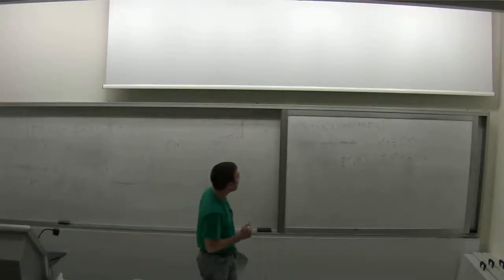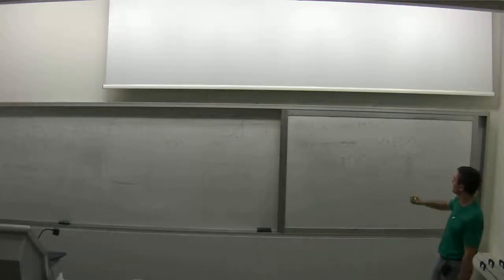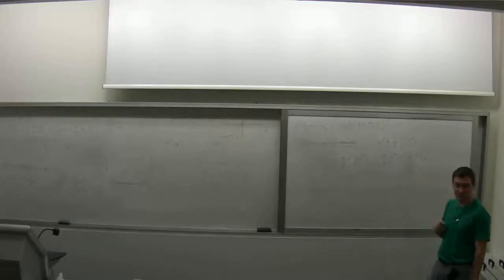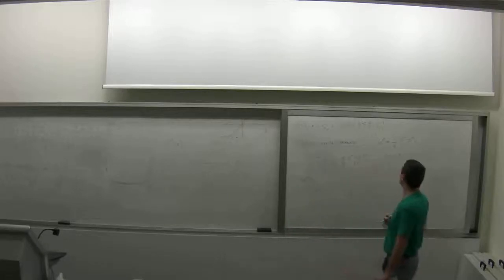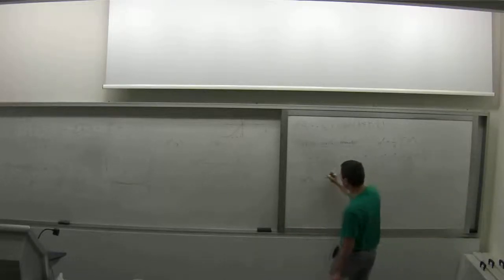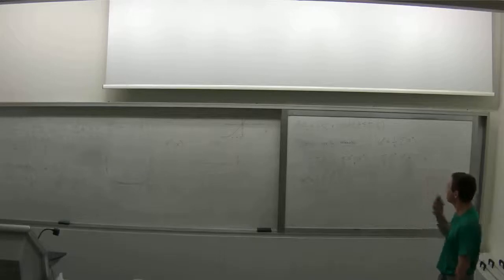Let's look now at the dynamics of this overlap parameter. So m^mu dot is equal to 1 over N sum over i of p_i^mu times S_i dot, right?